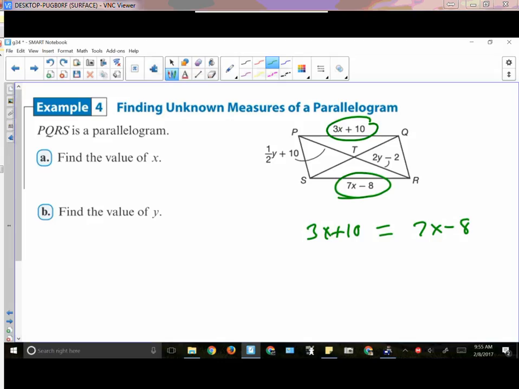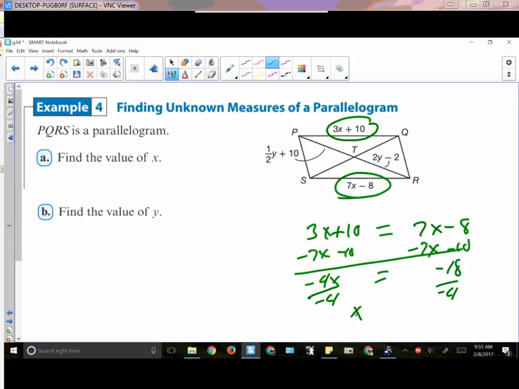They must be equal. So that means I subtract 7x, I subtract 7x, I subtract 10, I subtract 10. I end up with negative 4x is equal to negative 18. Divide by negative 4, divide by negative 4, and x is equal to 9 over 2. So, I know this is 9 over 2.